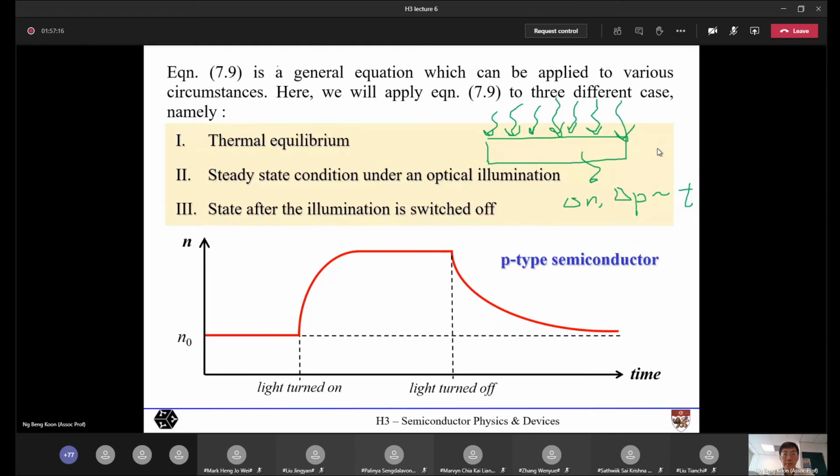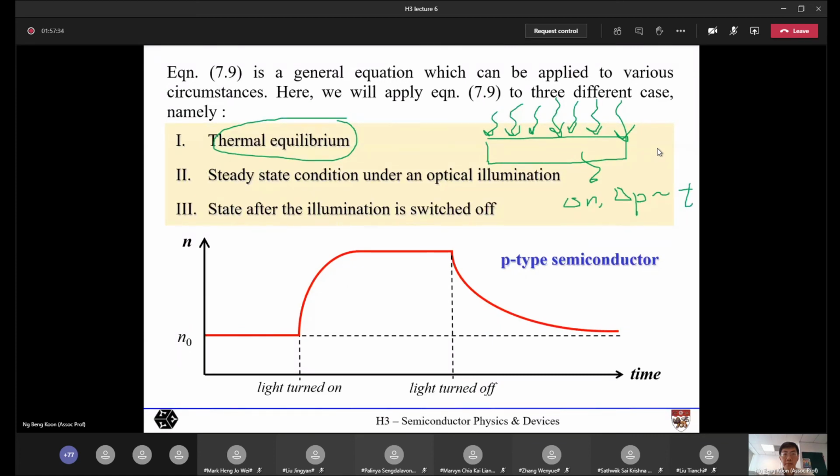So under this scenario, there are going to be 3 cases that we'll be analyzing. The first is a trivial case, the thermal equilibrium condition, where there's no external influence. That means no optical excitation, just the semiconductor sitting there in equilibrium.